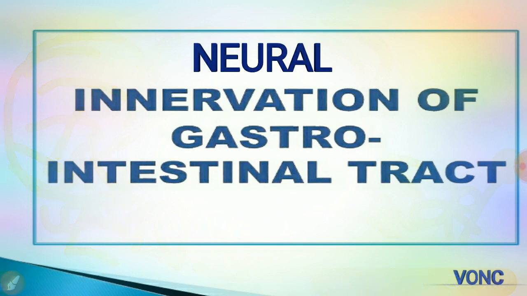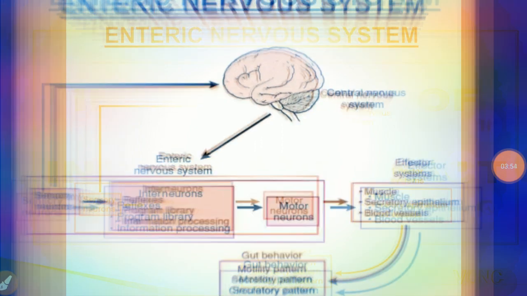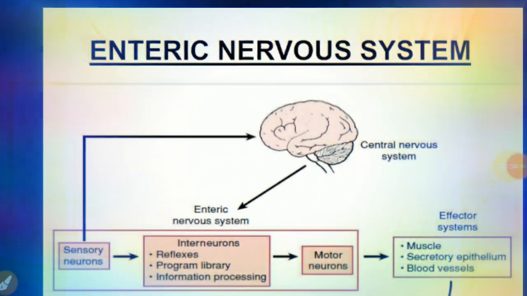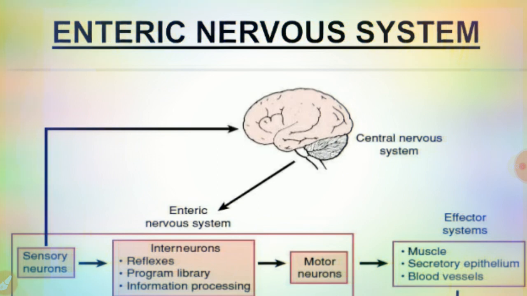The first is the intrinsic set of nerves, which we call the enteric nervous system. Under the intrinsic set of neurons, the first one is the enteric nervous system.